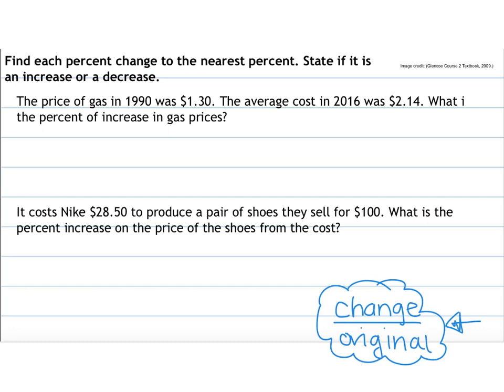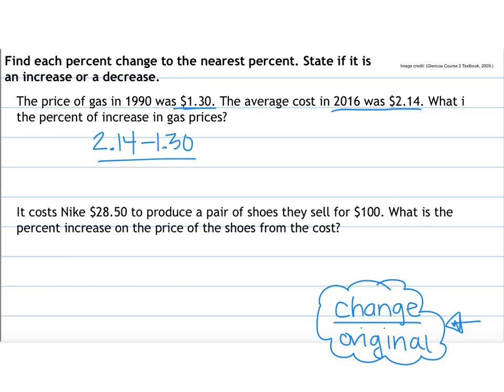So if the price of gas in 1990 was $1.30, and then the average cost in 2016 was $2.14, what is the percent of increase in gas prices? So we take the change, which we subtract, so $2.14 minus $1.30, over the original.